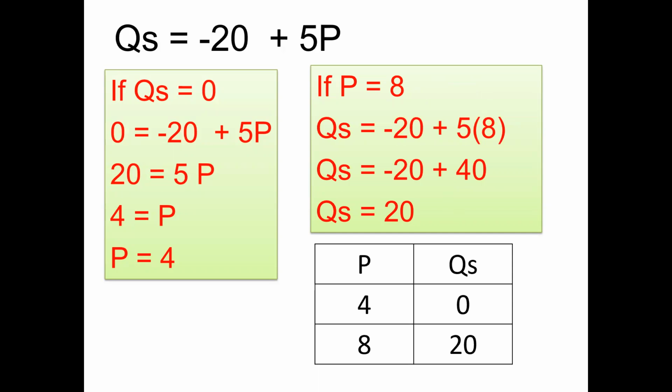When the price is 8, QS is 20. Using these 2 points, you can draw the graph. This is the simplest method to draw a supply curve when the equation is given. Even if you take 10 points, you get the same curve. 2 points are extremely enough.